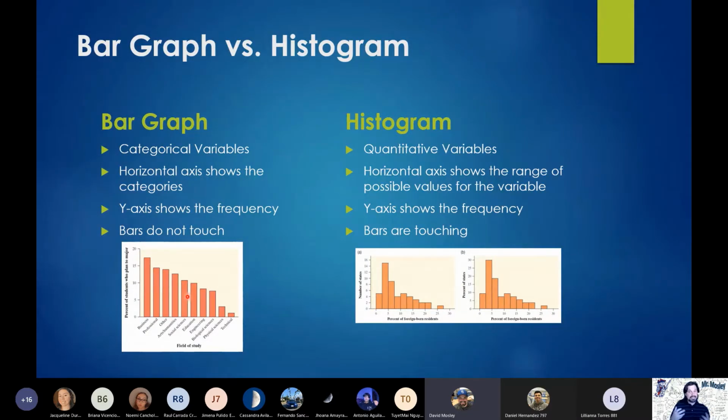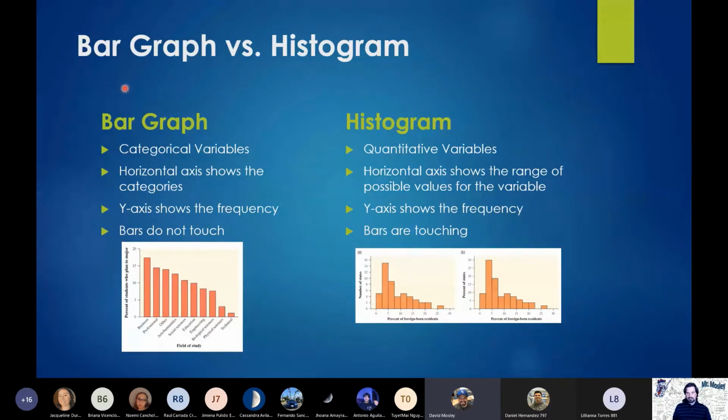So you need to make that distinction. Though they look very similar, they cannot be described using the same vocabulary. That was a very common mistake that I saw on one of the discussion boards, that the bar graph could be described as skewed to the right. It cannot be described as skewed or as any shape, because we could change the shape if we so choose to do that. All right?